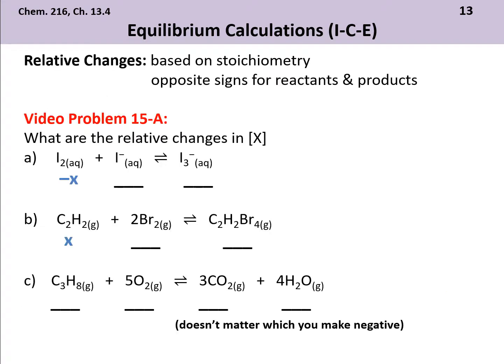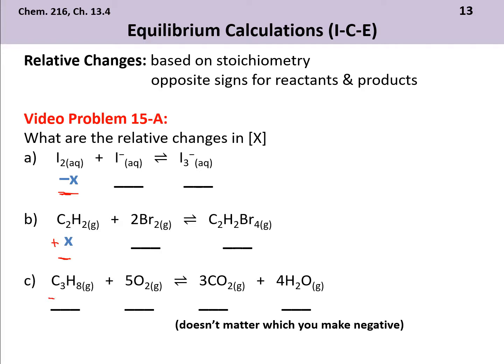Okay? This is key, and I want you to go ahead and do video problem 15A, right? So in A, we're told I2 plus I minus goes to I3 minus, and we're told minus X for the I2. What are the rest? Here I'm told plus X for the C2H2. What are the rest? And then here in C, I'm not told which are positive and which are negative, so I can say it either way.